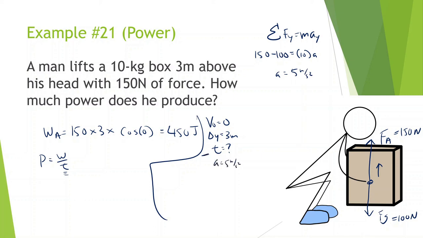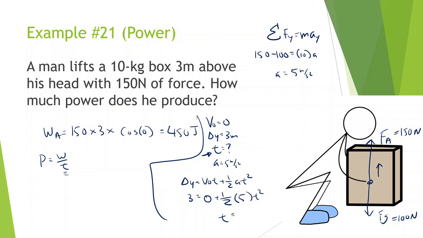So now we know acceleration is 5 meters per second squared. Let's see if we can find the time. Displacement in the y equals v initial t plus 1/2 a t squared. So 3 is equal to 0 plus 1/2 times 5 times t squared. Let's do some algebra: t is the square root of 3 times 2 divided by 5.